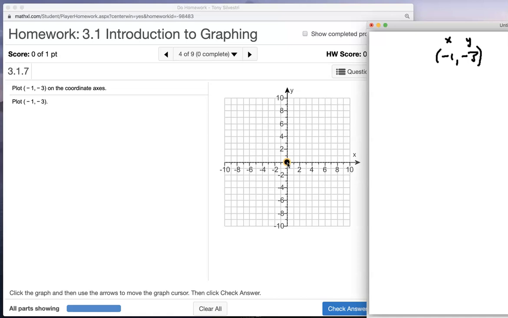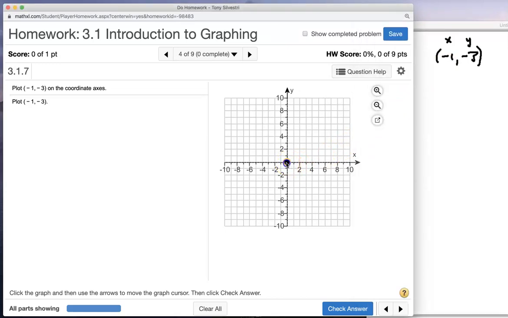Okay, what they want you to do is go horizontally -1 units. So go horizontal -1 unit. Grab onto that point. So I went over 1 unit in the negative direction, and then what they want you to do is graph -3 vertical units.